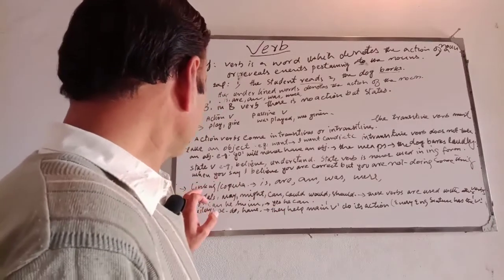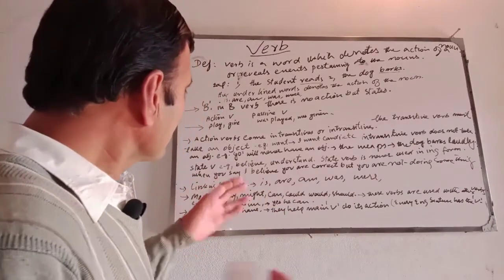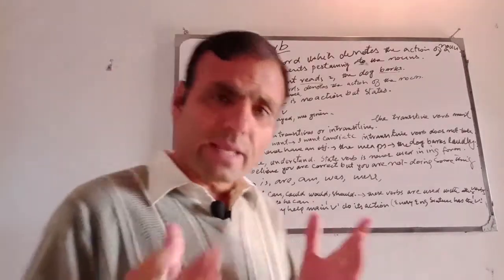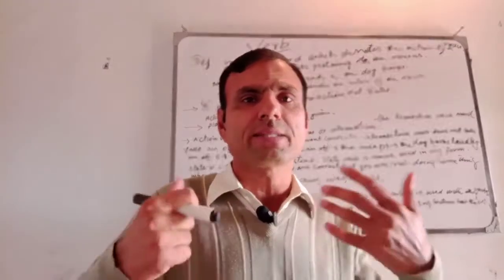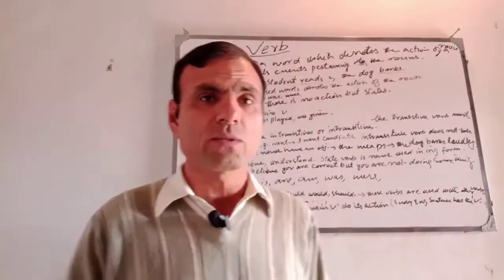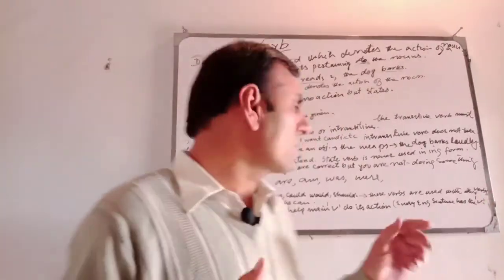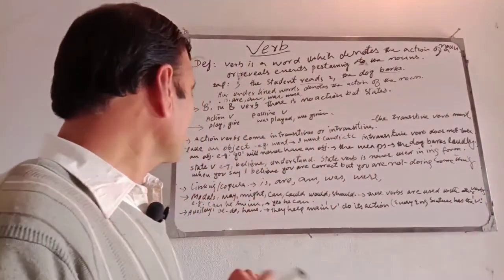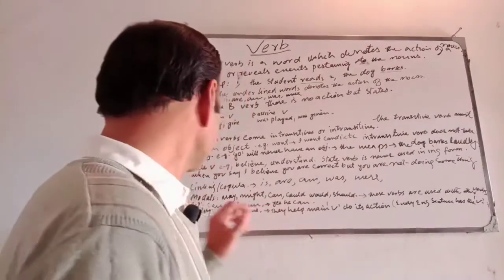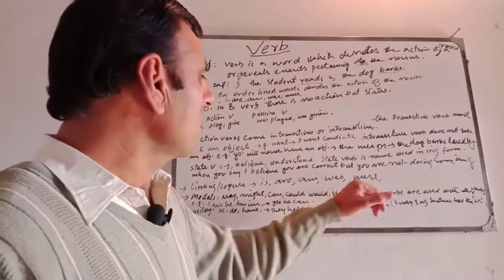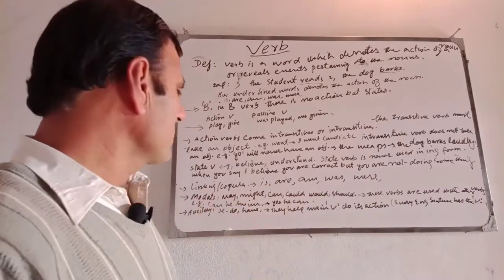Okay? After that, there is linking or copula. Linking or copula verbs, these are linking verbs. What are the linking verbs? Is, are, am, was, were, etc. So they are called copula or linking verbs. That's okay? Is, are, am, was, were. Modals.